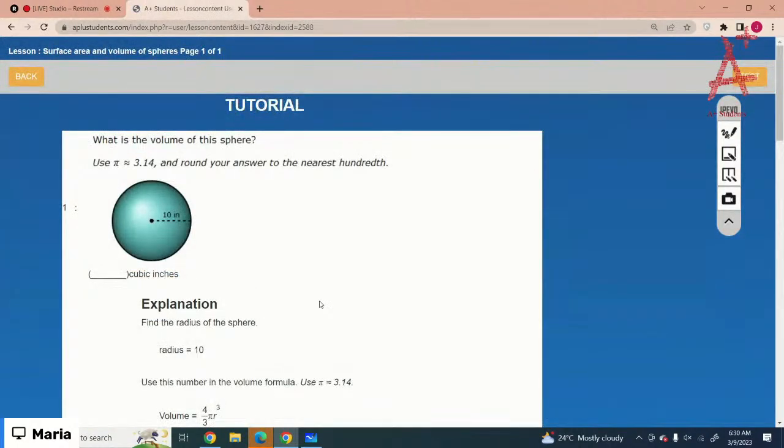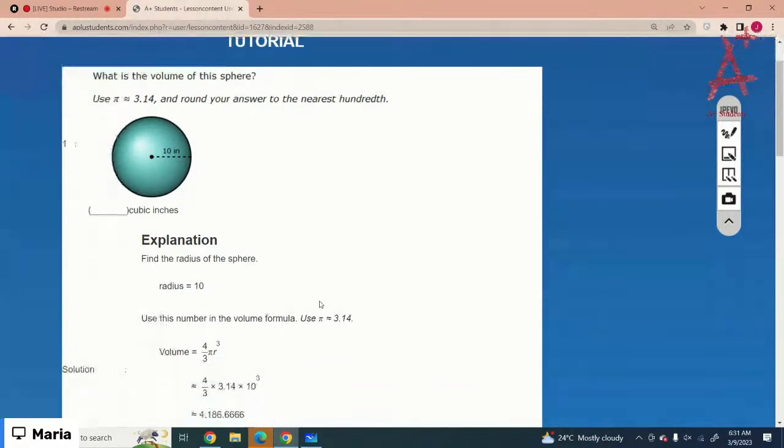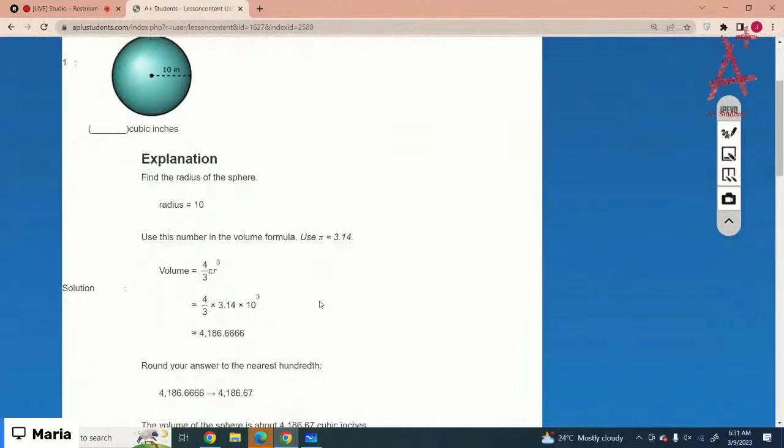Okay, you are given the sphere, you have to calculate the volume. The volume for the sphere is V equals 4 by 3 pi r cube. You just have to memorize these formulas, then that would be very easy for you.